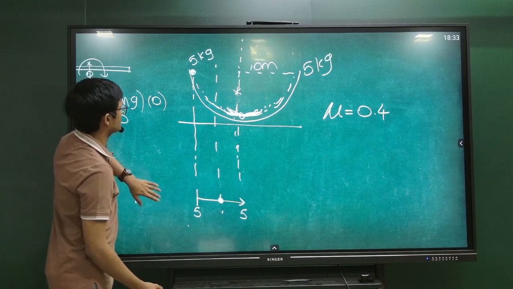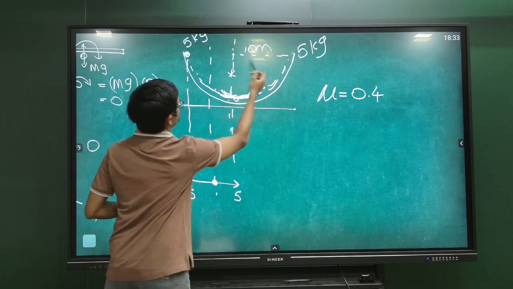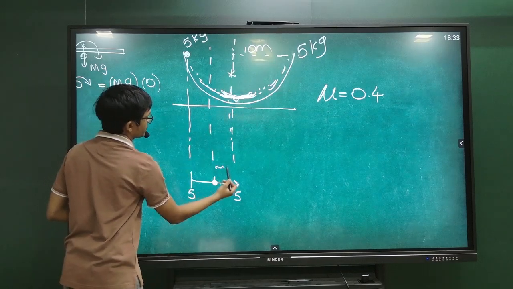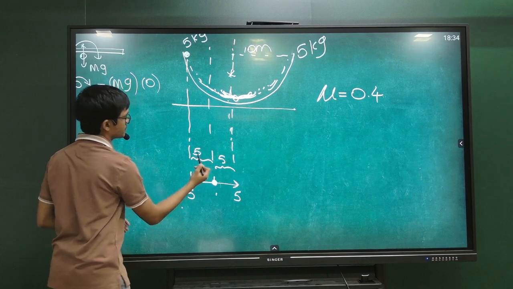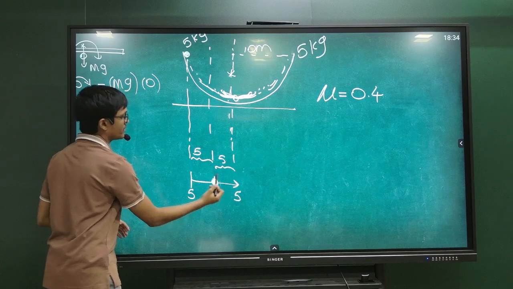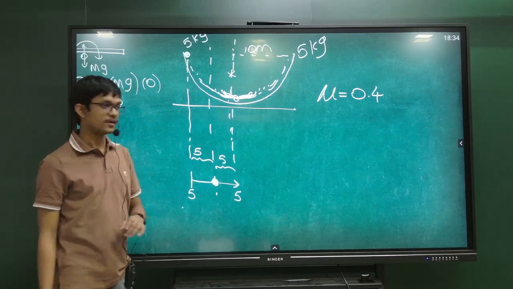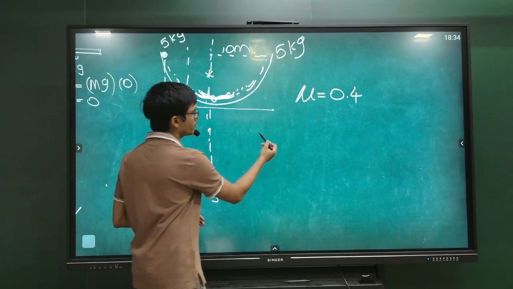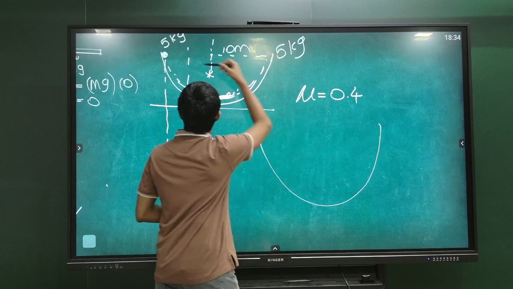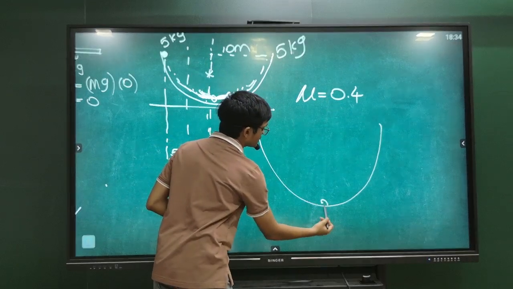So that means, since this is 10 meters, this is 5 meters, and this is 5 meters. This is the center of gravity of the system. Clear? Now, after some movements, this pebble reaches here.